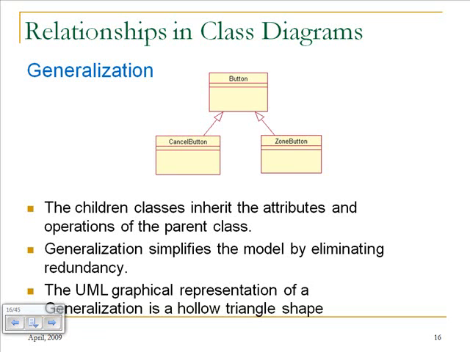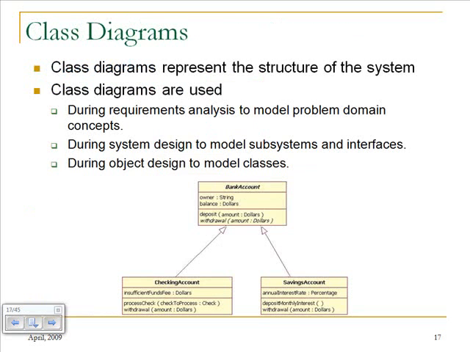So the UML graphical representation of a generalization is going to be a hollow triangle like this one. Again, it's very important to keep that in mind. Why we have to do this generalization: again, we are trying to eliminate redundancy in our representation.